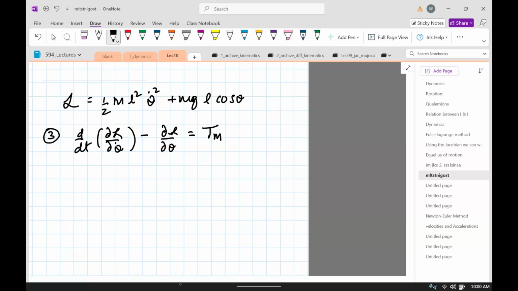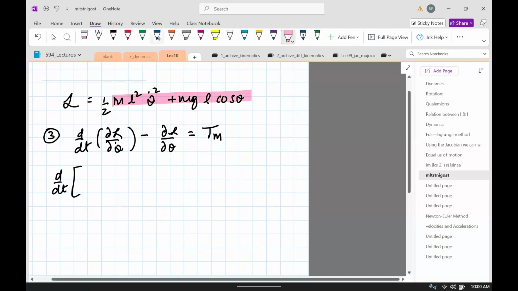So the external force is the motor torque. Again, I need to take the derivative of this thing here with respect to theta dot. Okay, so this is where theta dot appears.